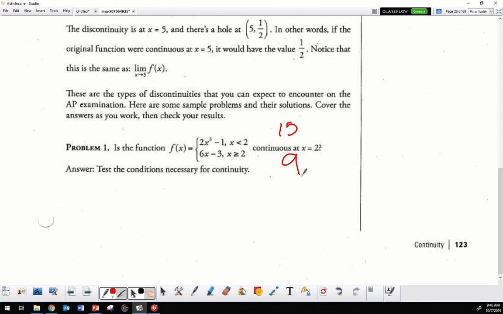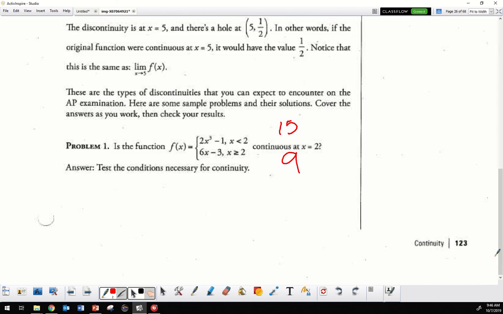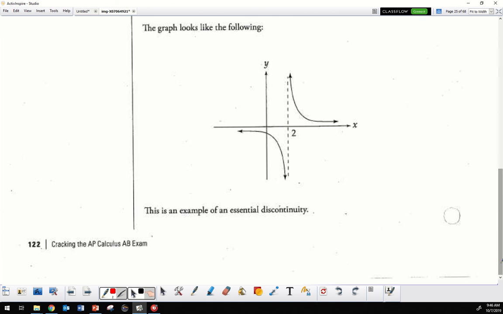So, from this information, what type of discontinuity? This one's going to be a jump, right? If it was at an asymptote, I would call that what? Okay.